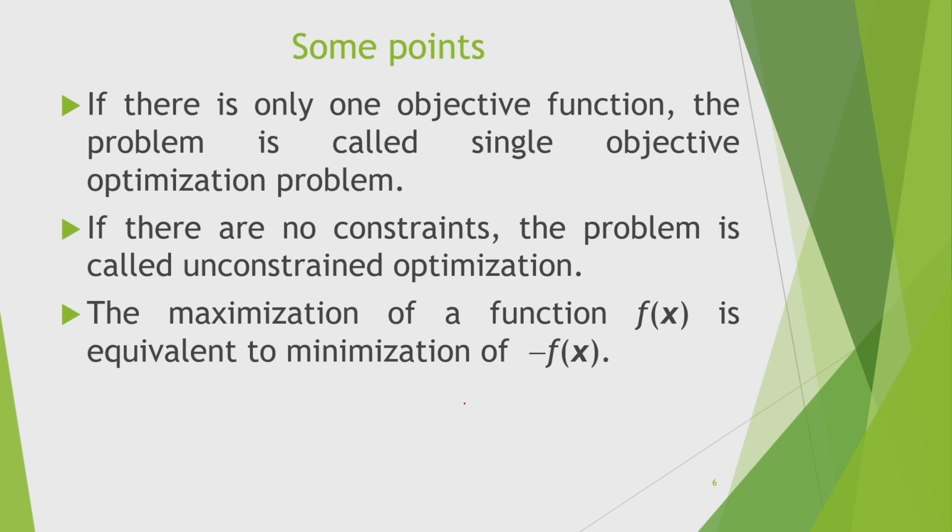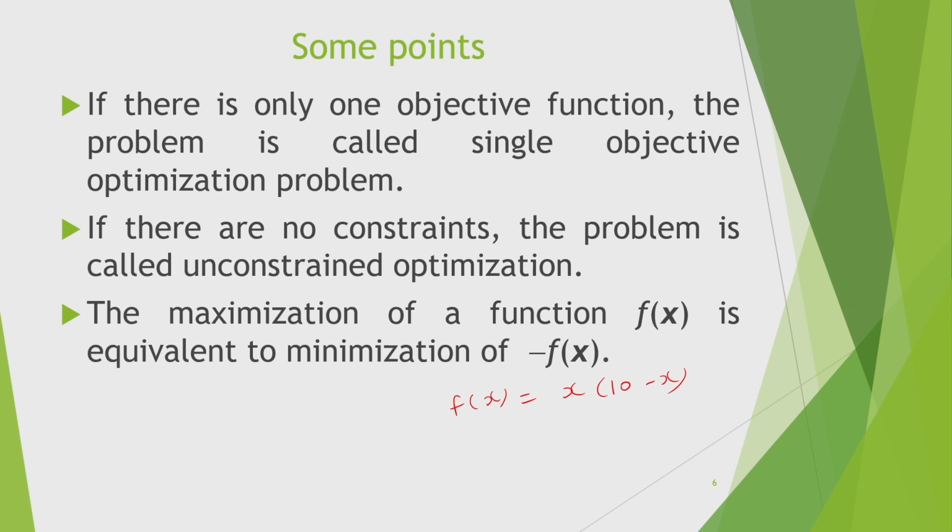For example, suppose somebody has given me a function f(x) equal to x(10 minus x), and says you find the maximum value of this function. There is no constraint, nobody is stopping me, I can choose x to be anything, but I have to tell at which value of x this function f(x) will be maximum. So this is unconstrained optimization. The previous one is a constrained optimization problem.